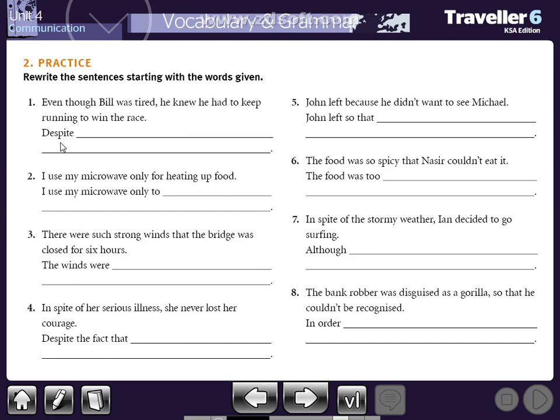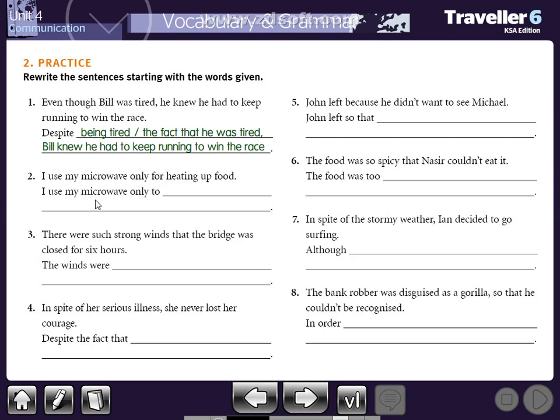Yes, that's right. Despite is followed with an ing form or noun phrase. With the main verb here, was, we get the base form, which is be. So it will be despite being tired. Yes, despite being tired, or despite the fact that he was tired, Bill knew he had to keep running to win the race.